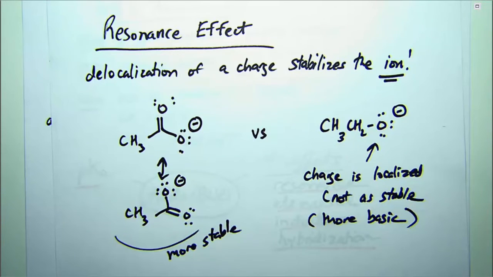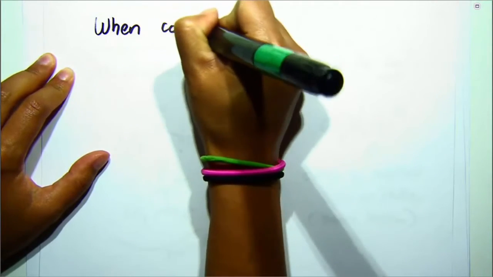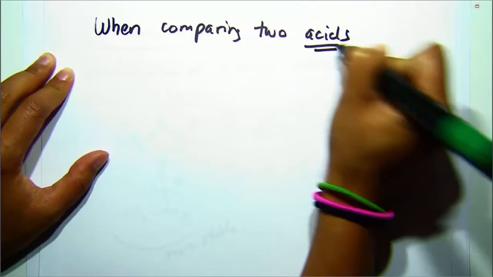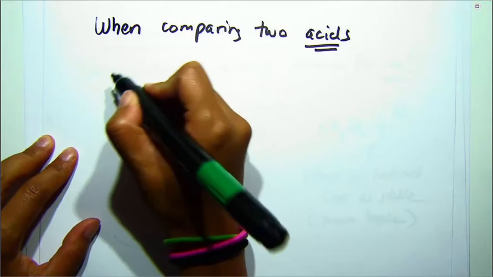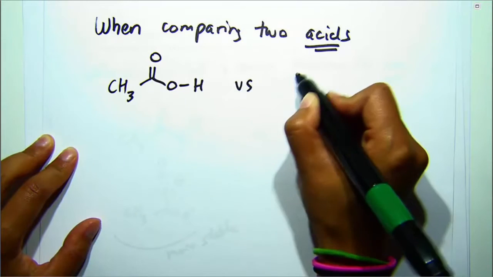But how are we going to use these effects? There's actually a set of rules that I also put in your flashcards. And these rules are super important in terms of the logic that you're going to use in order to compare two acids. Okay, so rule number one. When comparing two acids and trying to figure out which one is more stable, let's say you're comparing acetic acid versus ethanol.